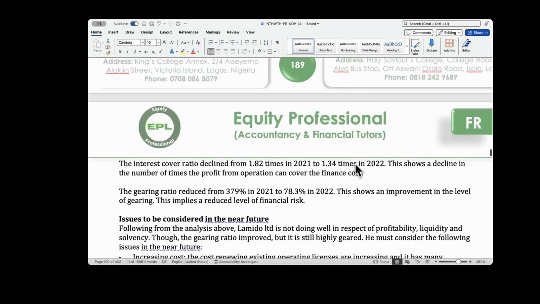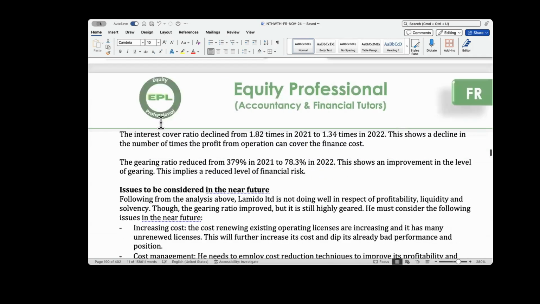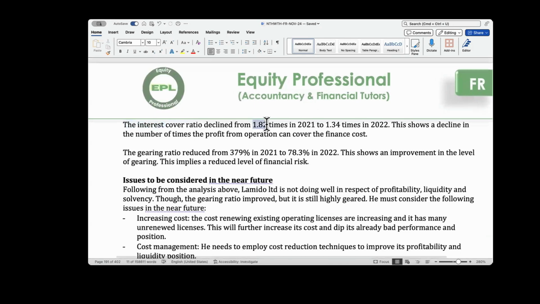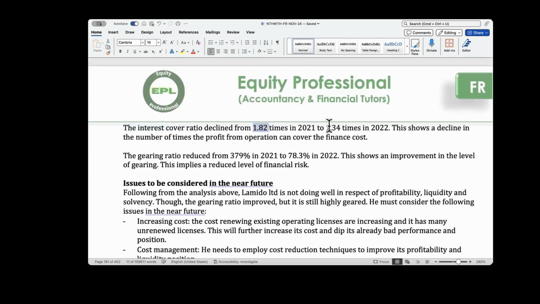Then I went to solvency, which is the interest cover. I said this interest cover ratio declined from 1.2 times in 2021 to 1.34 times in 2022. Because this is a decline too. I said, this shows a decline in the number of times the profit from operation can cover the finance cost. I went to gearing.